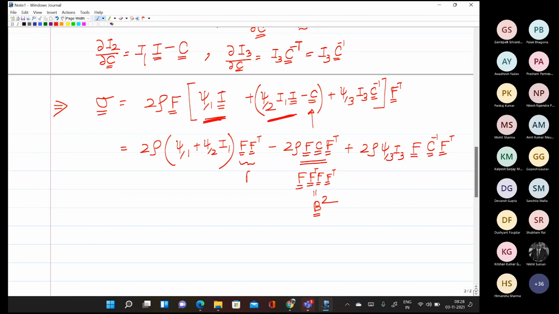Here also you get B. Okay, and what about this one? Let's try to see. If we expand, then it is F transpose F inverse is F inverse into F transpose inverse into F transpose. So you can see this is identity and this is also identity. So this is simply identity.